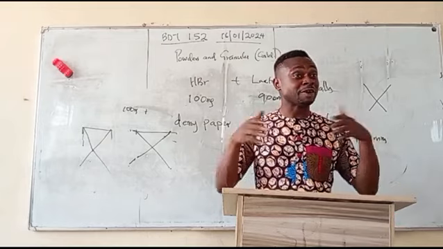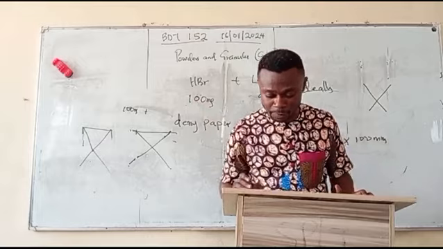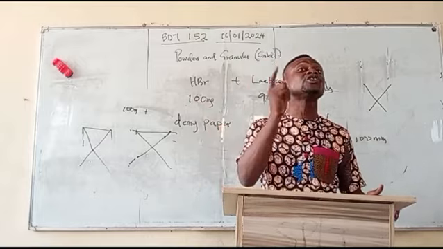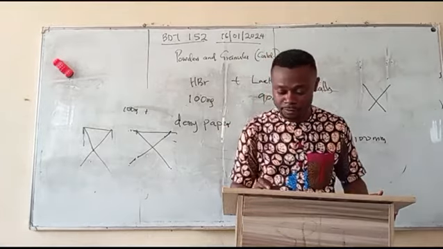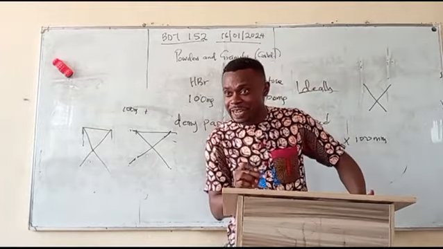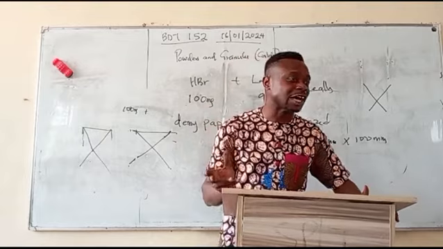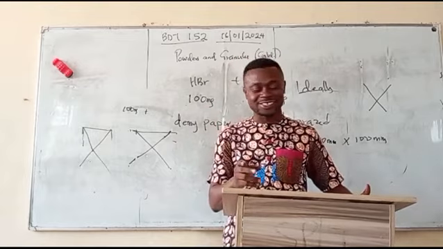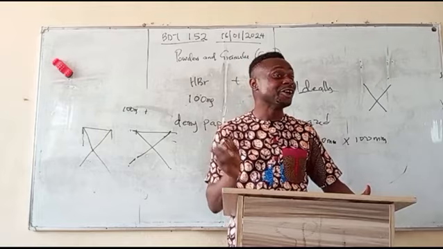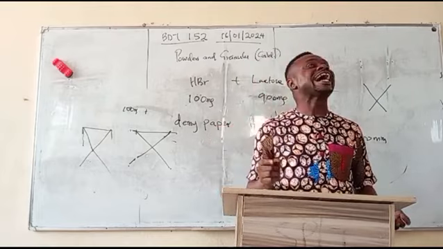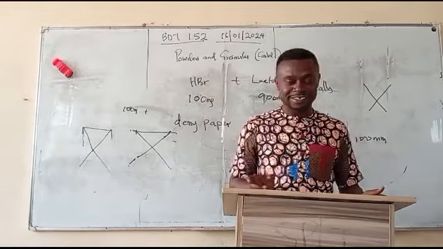Sometimes the answer will not be there. So better ensure you know it well, so that if you don't see the option, you know that this man wants to test me. Study it well so that if you see the one that has no answer, you just smile and go your way. Are we together? The answer is not here. It's your business.